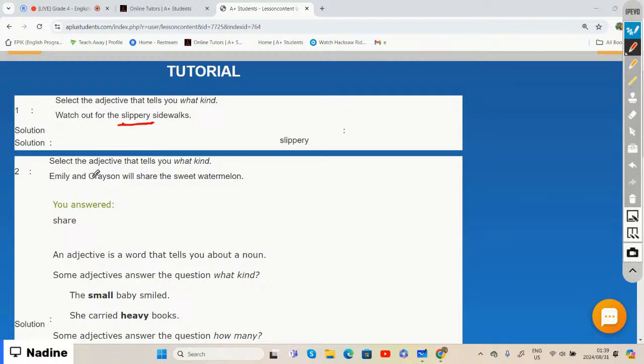It says Emily and Grayson will share the sweet watermelon. We need to choose the word, or identify the word, that is being described.